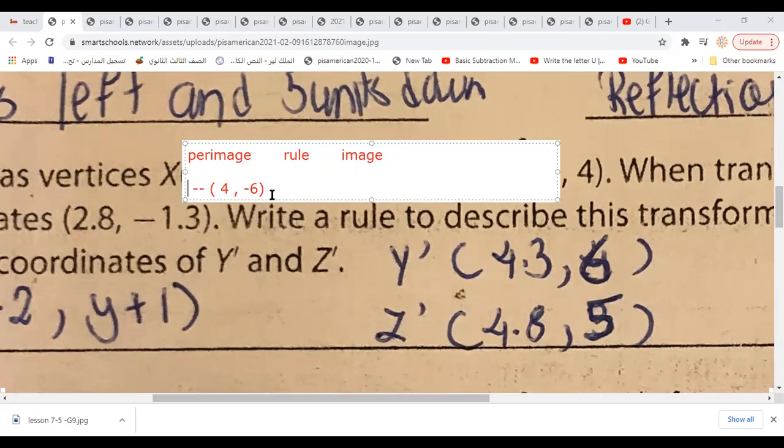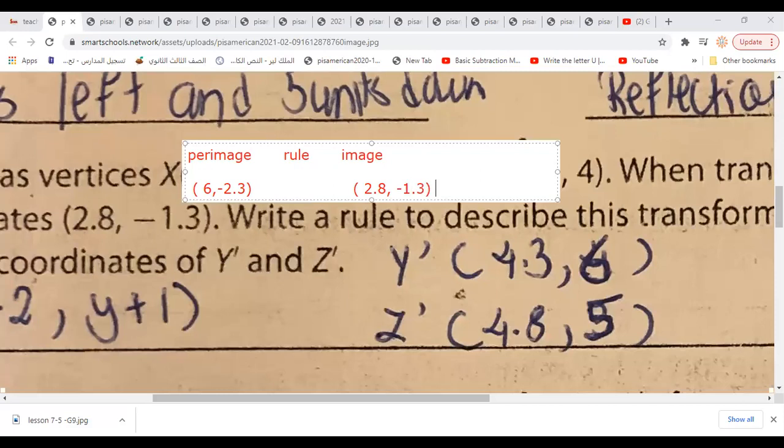In question number 7, what did he say, Fadia? He gave us the image for X prime. The original x was (6, -2.3), and the image was (2.8, -1.3).